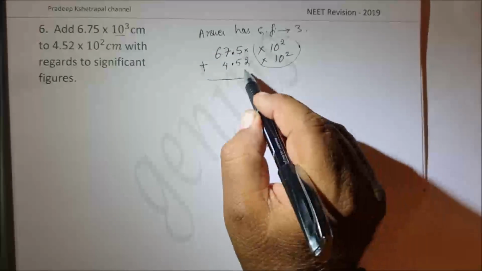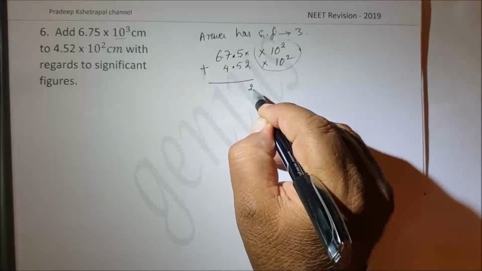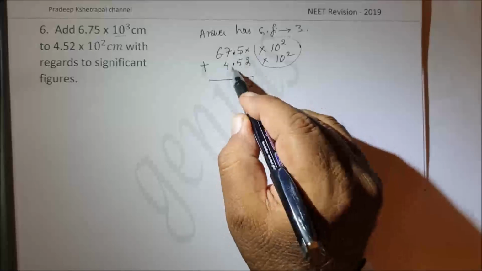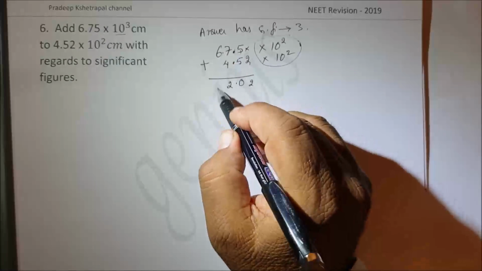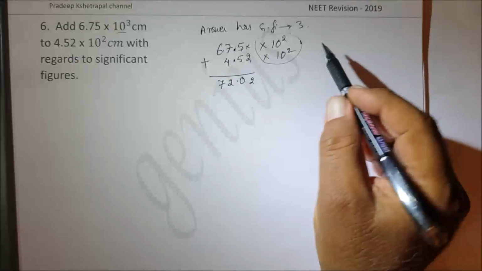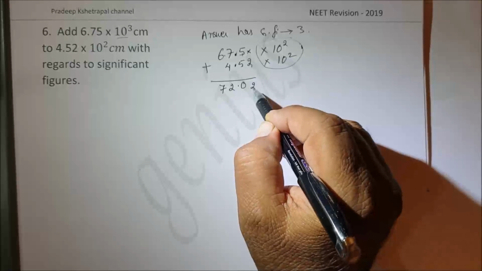Okay, we do the addition. If you write it even, then it will be 72.02, even if we don't take anything here, but this is non-significant.